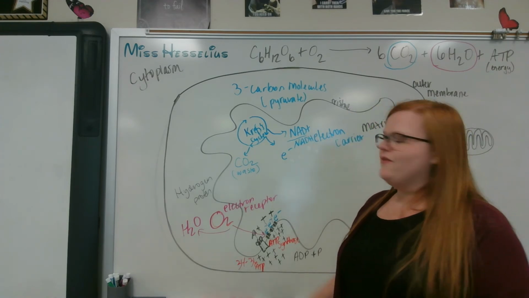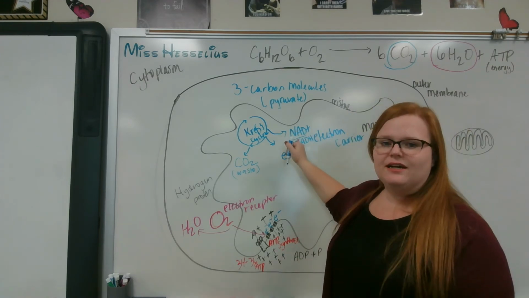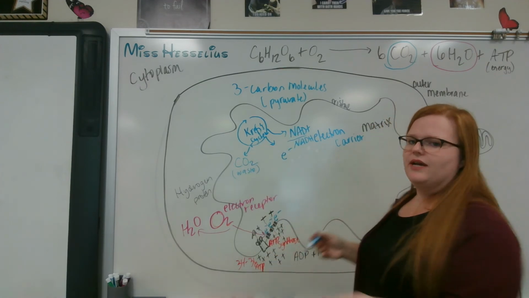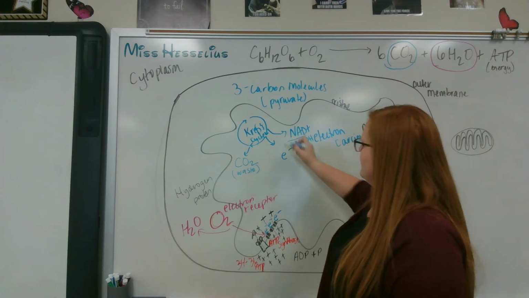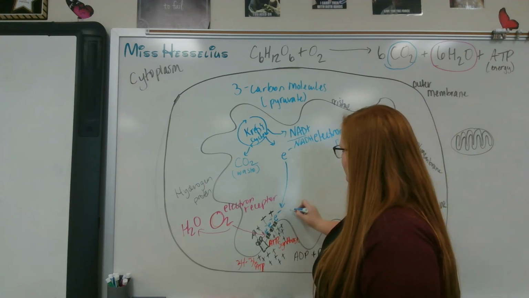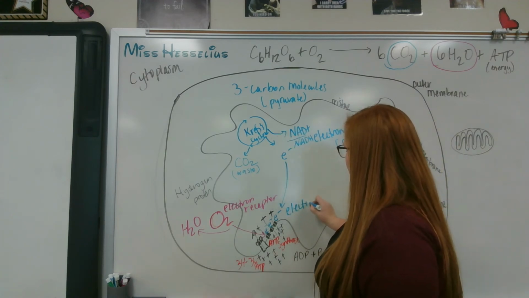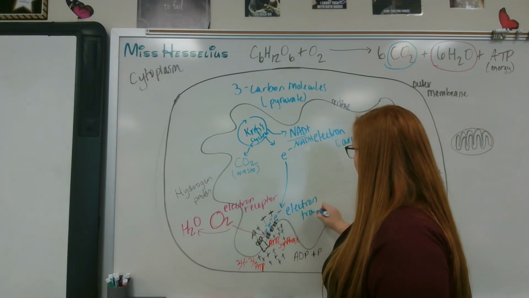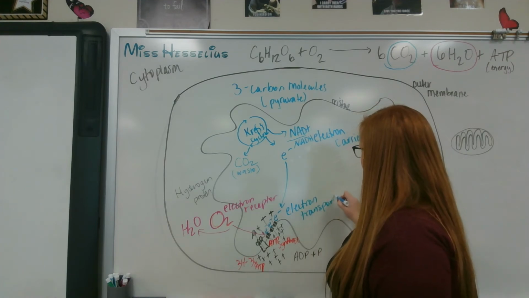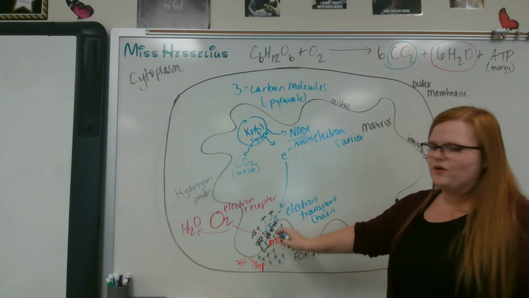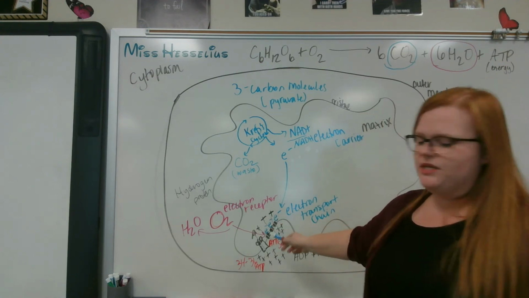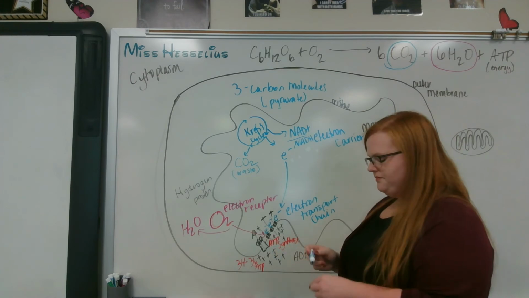Mostly, I just need you to know that anything that has NAD on it means it carries electrons, okay? So NAD plus carries electrons from the Krebs cycle to the electron transport chain, because this is where we need the electrons to pump protons to high concentration.